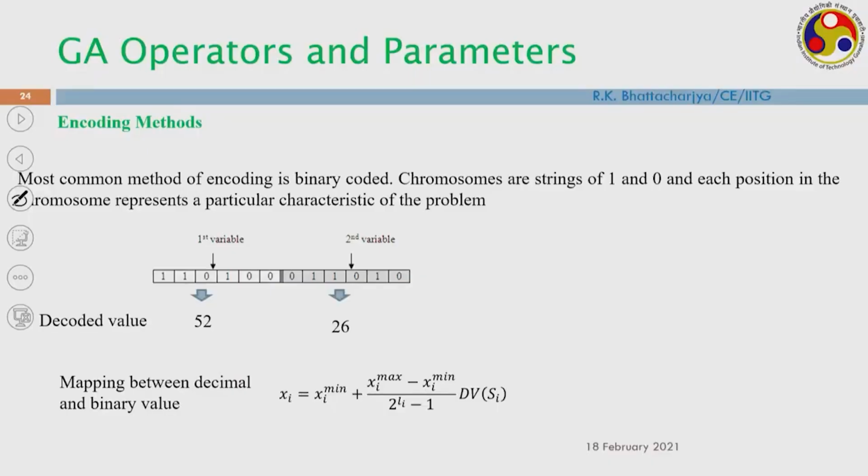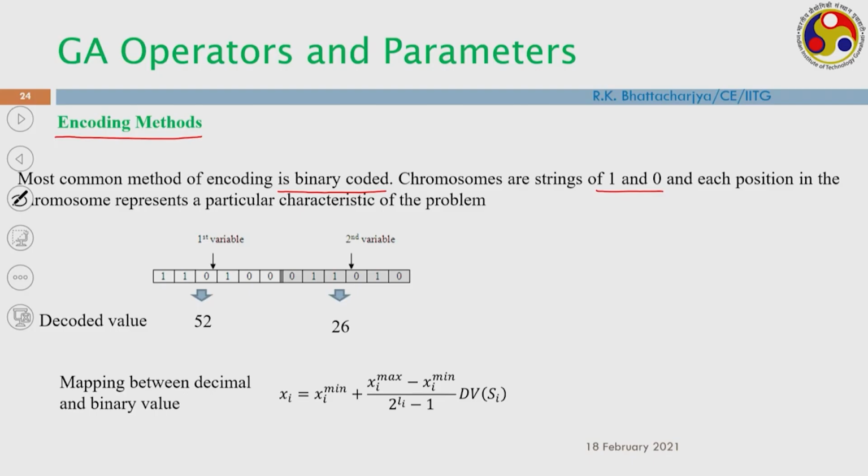The encoding method. The most common method of encoding is binary coded. Chromosomes are strings of 0 and 1, and each position of the chromosome represents a particular characteristic of the problem.